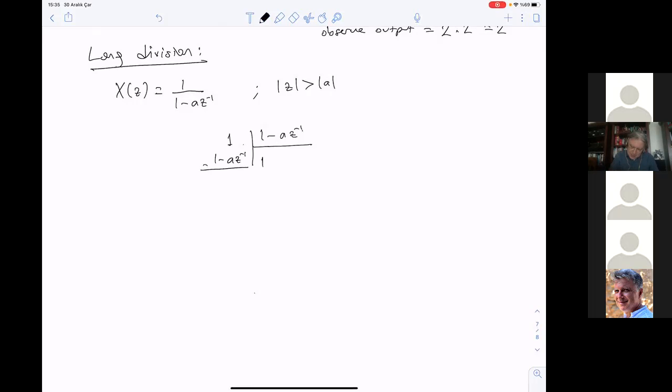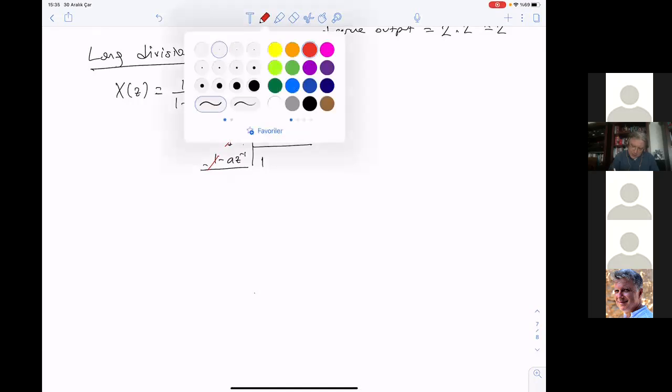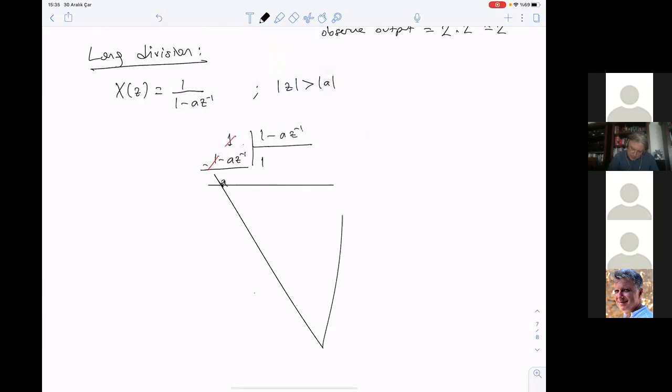The subtraction result will be: this one and this one will cancel one another, negative of minus AZ inverse, and that is AZ inverse. AZ inverse is left, a remainder.